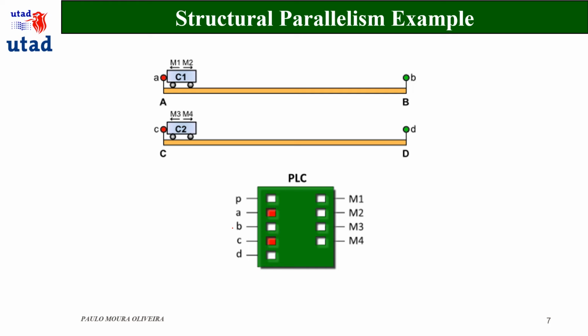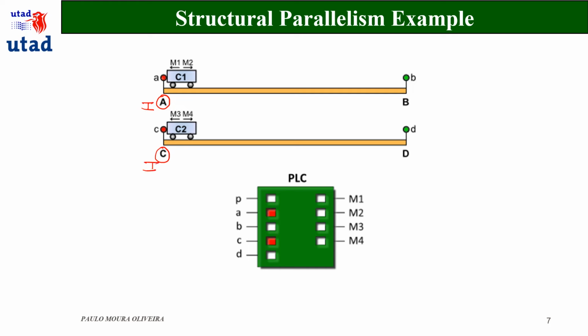In this case, the example is we have two cars in two separate tracks. So we got car, or trolley, C1 in position A, which is the initial position and the resting position, and C2 in position C, which is also the initial position and resting position for trolley 2.